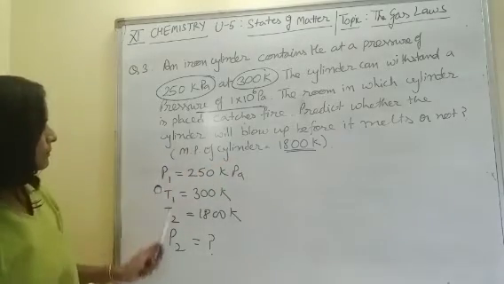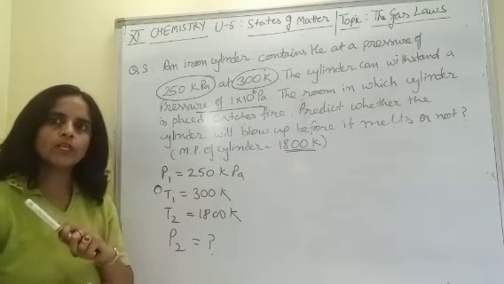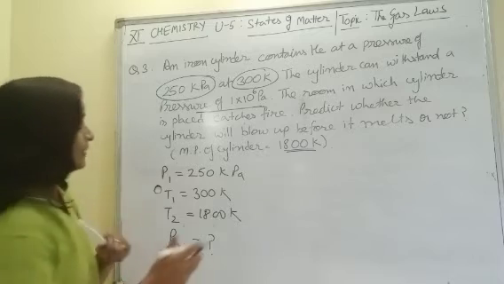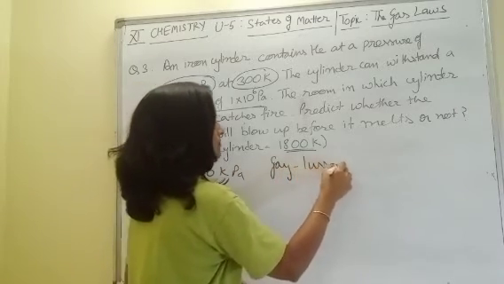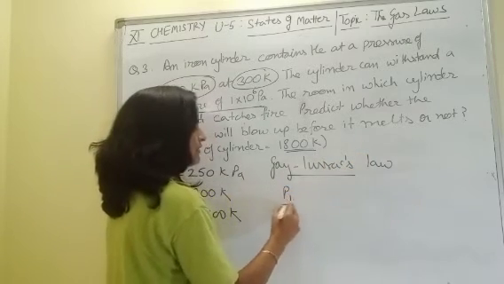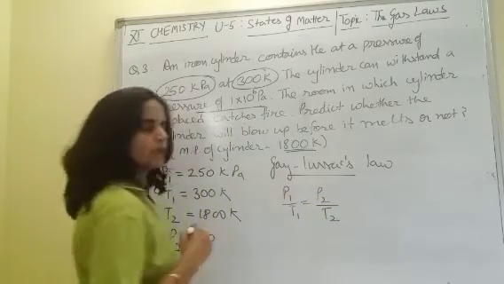So we have to relate pressure and temperature at constant volume. So which law is this? Yes, it is Gay-Lussac's law. The formula is P1 by T1 equals P2 by T2.